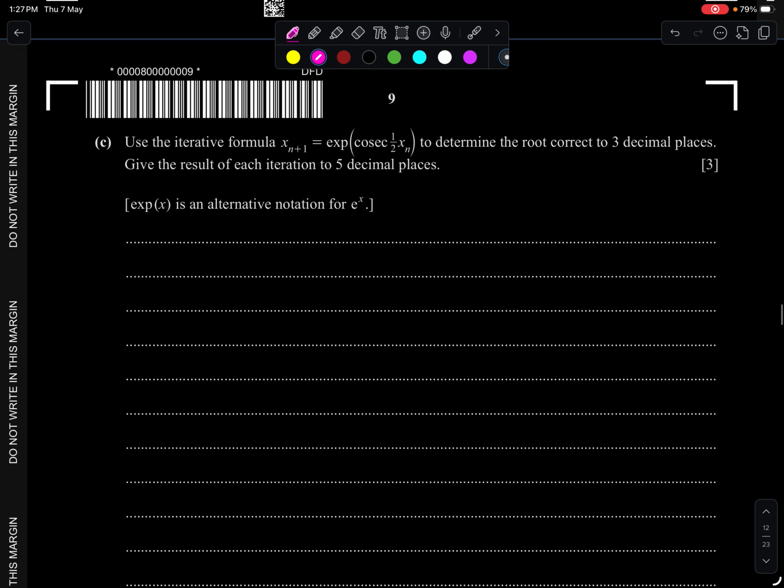Next part, iteration. Use the iterative formula. Before using this formula, first write this formula: x(n+1) equals e to the power cosec half x.